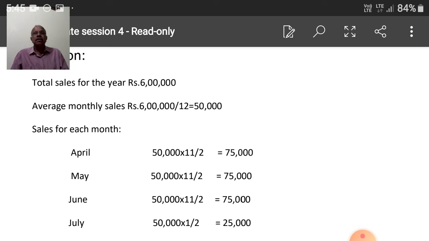Next, after the calculation of average sales, we can calculate the sales for each month.